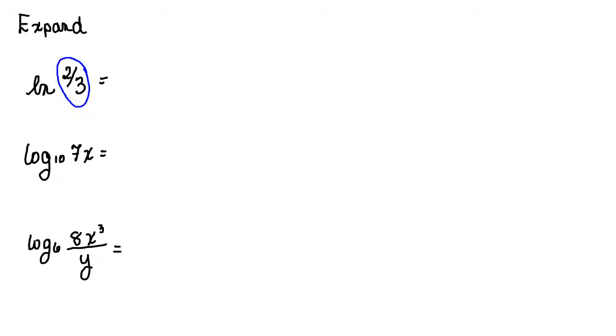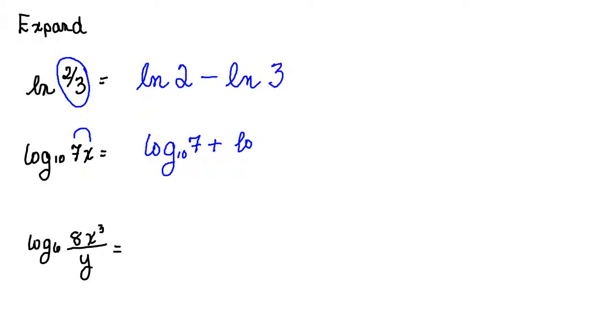So we're going to go to that logarithm rule 2, and it's going to equal ln 2 minus ln 3, because if we have any type of division going on, it's a minus sign. Next one, we have between the 7 and the x here, multiplication. So we have log base 10 of 7, plus log base 10 of x, because if we have multiplication, we're going to add the logs.